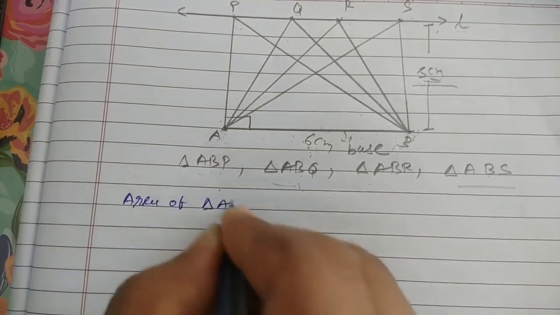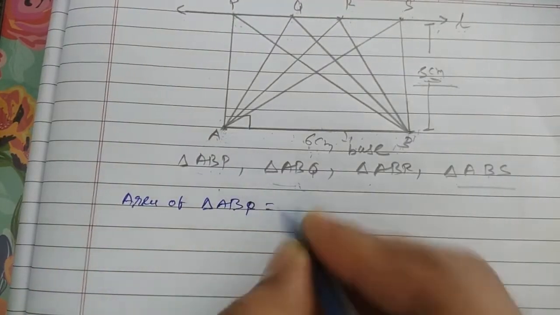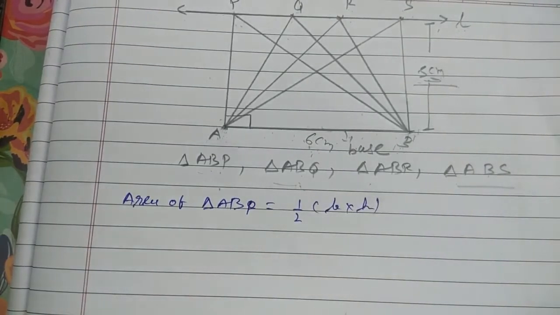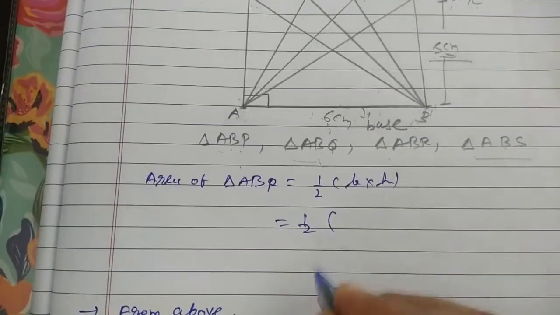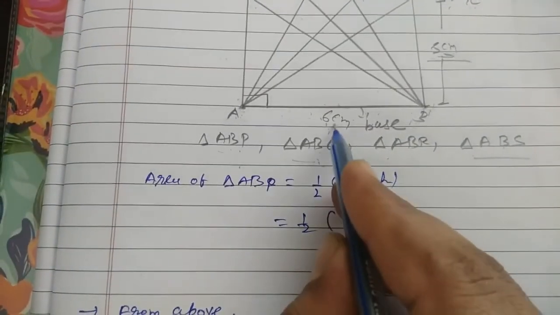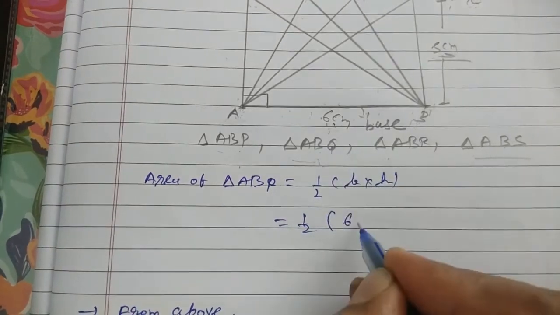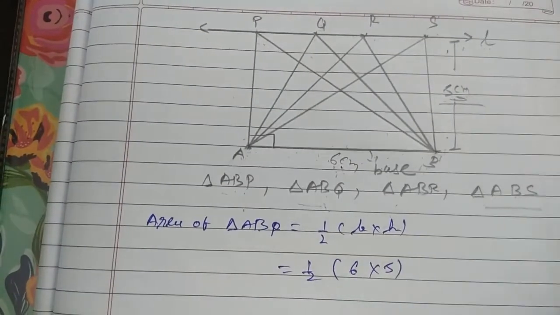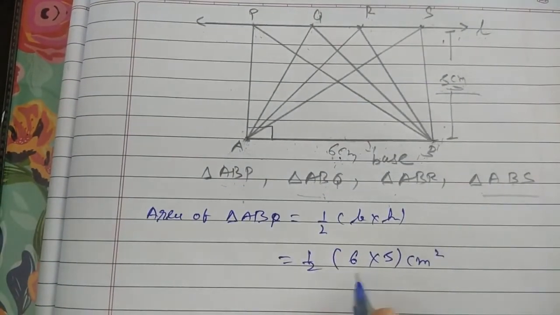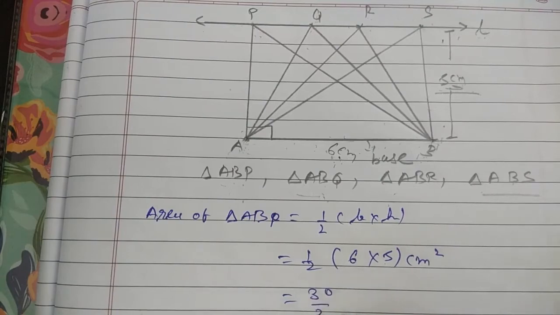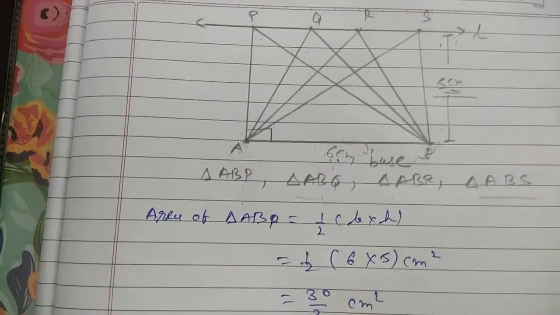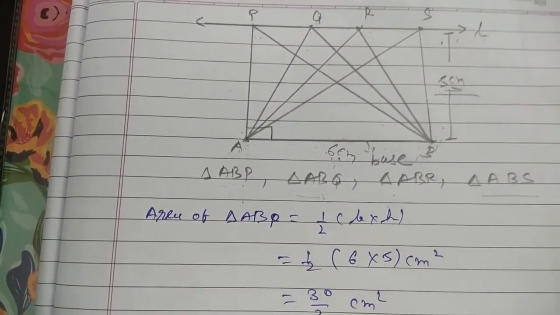Area of triangle ABP is equal to 1/2 base multiplied by height. 1/2 times the base AB, which has a measure 6 centimeter, multiplied by height, which is 5 centimeter. 6 fives are 30. So 30 by 2 centimeter square, which is 15 centimeter square.